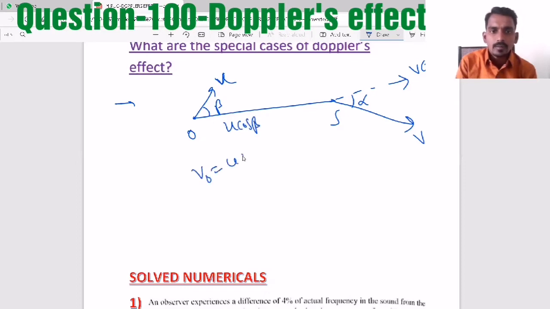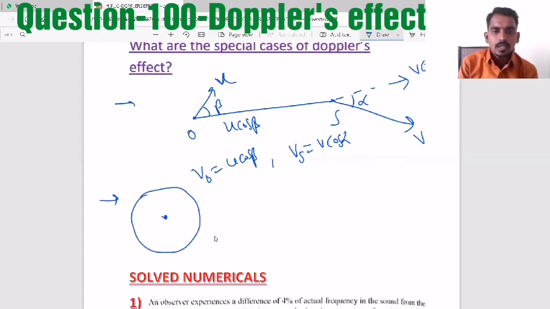Then v naught will become u cos beta, and v s will become v cos alpha. Or sometimes they will give the case when the source is moving in a circular path and the observer is at some far distance.